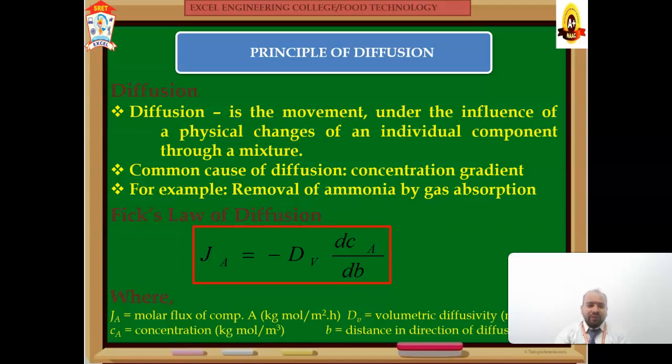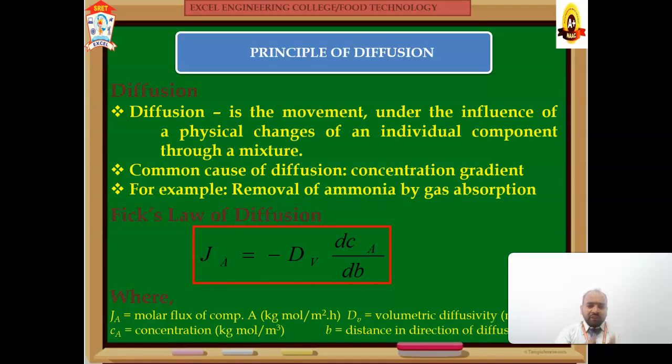For example, removal of ammonia by gas absorption from atmospheric air or outlet air in our industry. We can remove that by utilizing an absorbent as a solvent.